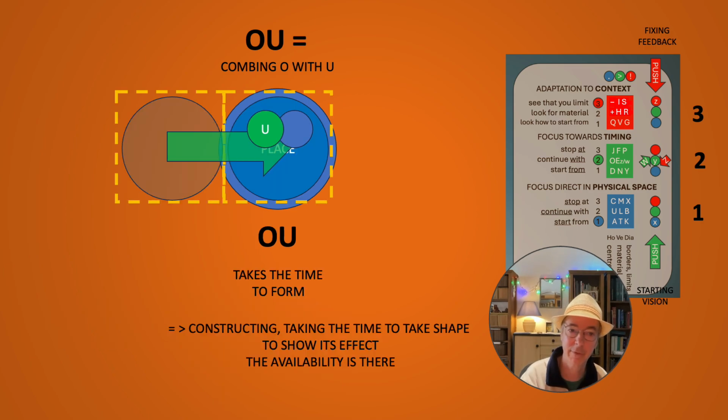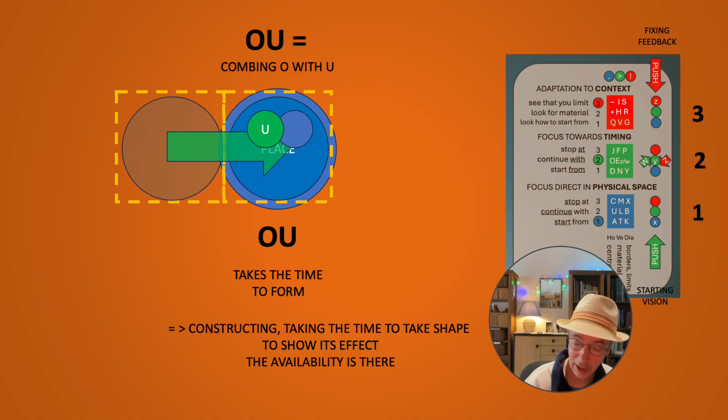So basically, if you combine them, it says, okay, let's go to the rightful place in which the things are placed so that you can have them enfolded there. So it has also taken the time to form.